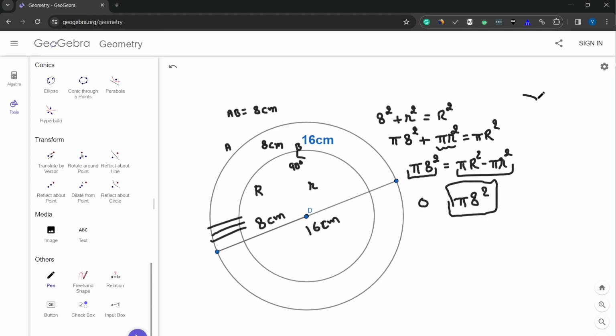So you don't have to go through these steps. You can simply assume the inner circle's radius to be 0, and then the area of the larger circle is pi 8 squared, or pi times whatever the length of the given chord is, squared.